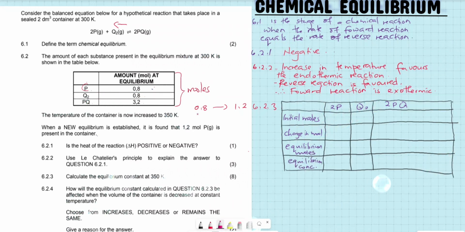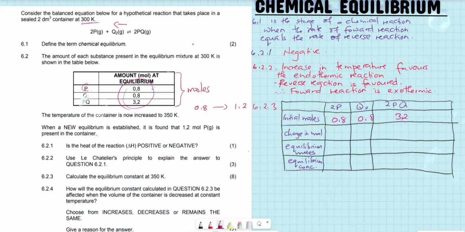We are going to take the point when the reaction was at 300 Kelvin, then we use these as our initial number of moles. In this case, the initial number of moles of P is 0,8, then 0,8 and 3,2.